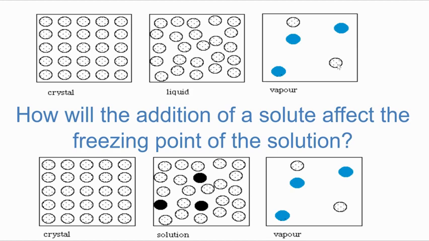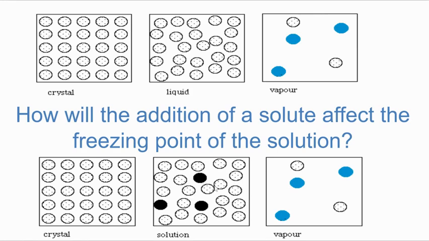If we consider what happens in a liquid when we add a solute into the solution, we can consider the black particles the solute. And what happens is the solute disrupts the molecules, and that slows the molecules down from freezing because it's putting obstacles in between them.